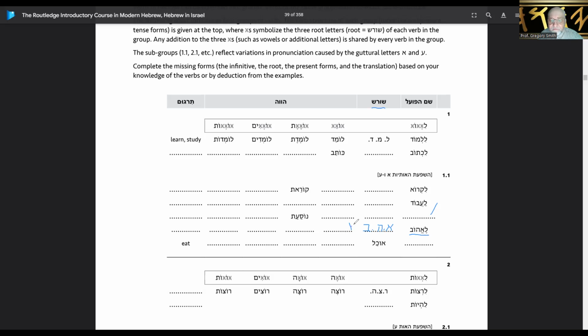That's going to be an aleph, a holam, a hey, and a vet, ohev. And then if you were to say she is loving, it would be ohevet. Okay, she is loving.